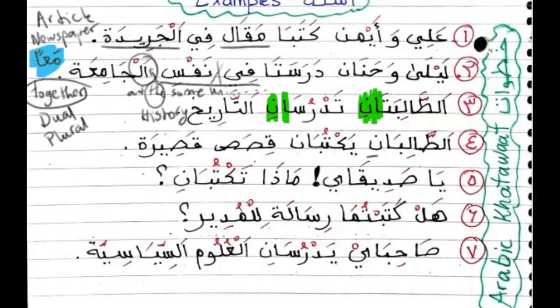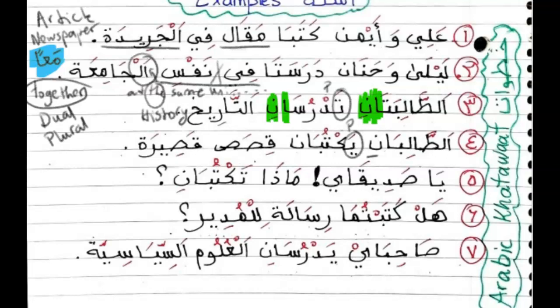So here we have ta for present tense. الطالبان, ya for present tense. يكتبان قصص قصيرة. The two male students are writing or write short stories.